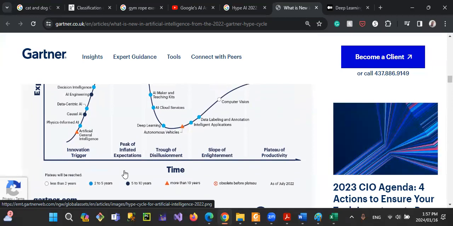And if I understand the word plateau correctly, it's gigantic. Based on where it is recently, the white dot is less than 2 years. Based on our progression, we should be reaching in less than 2 years a big plateau of productivity. At least that's what I understand.